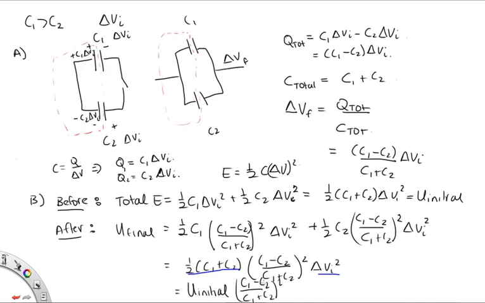Now, as C1's bigger than C2 and capacitance is always positive, this is going to be some number between 0 and 1. So some energy has been lost. The final energy is smaller than the initial energy. We would expect that because the charges will redistribute themselves to their lowest energy state. So this energy will be generally lost in the form of electromagnetic radiation.